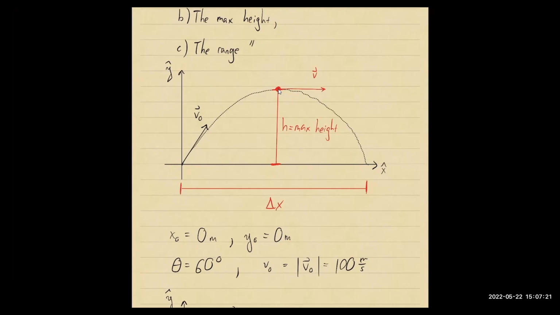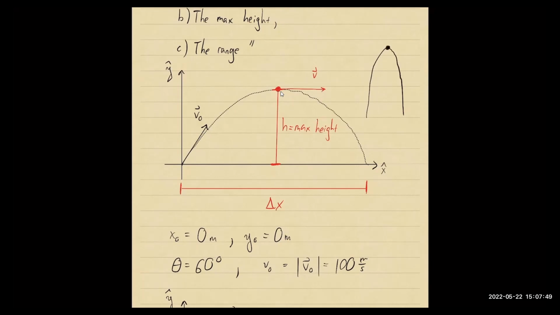You can think of it as, when you throw the object up, it goes up and up and up, and it slows down and slows down until it reaches its max height, at which point it stops moving in the y direction, right? It can still be traveling forward in the x direction, but in the y direction, it has to come to a brief stop before turning around and falling back down again.